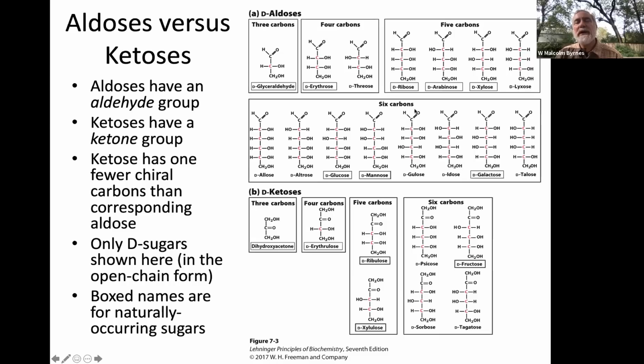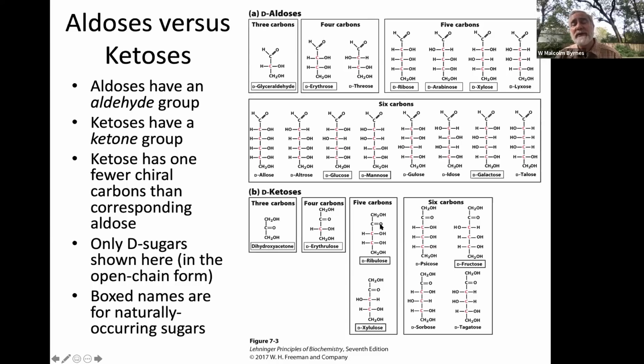Here are the 8 D-hexoses, right? 8 is half of 16. These are the Ds, okay? We have all of these different ones here. D-glucose, D-mannose, and D-galactose are the ones that we're going to consider in the course. In terms of ketoses, we have dihydroxyacetone. We talked about that, the simplest ketose. We also have D-erythrulose, okay, which, as you can see, has this one chiral carbon here.